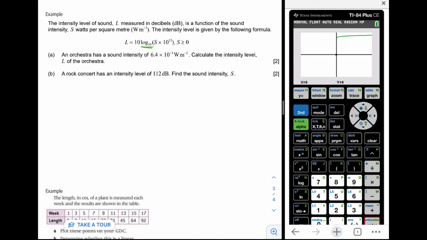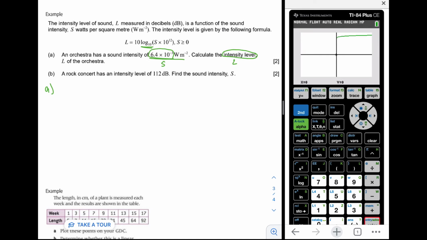Part A. An orchestra has a sound intensity of this many watts per square meter. Calculate the intensity level. So we're trying to calculate the intensity level. The intensity level, that's L, and we know that the sound intensity is this. Identifying what we're looking for is the important thing here. If this is my value of S, this means this is going to be the x value that we're going to be putting into my function.